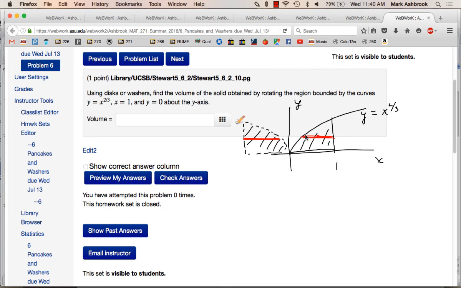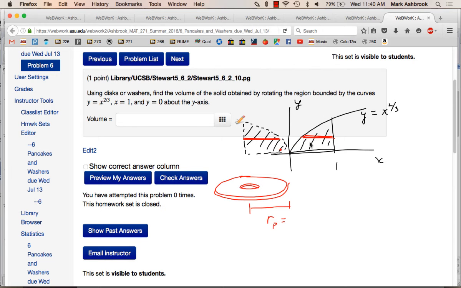So here's our typical washer. It's going to look like that. And again, we need outer radius and inner radius. Outer radius equals what?